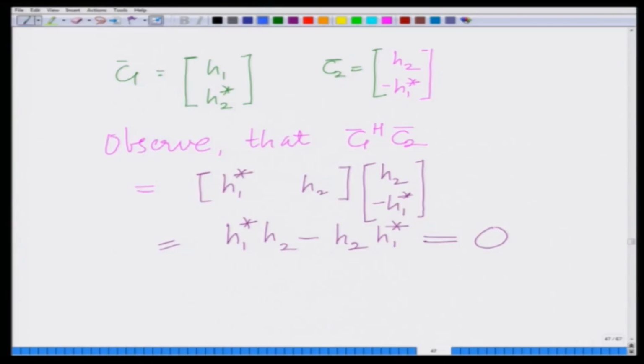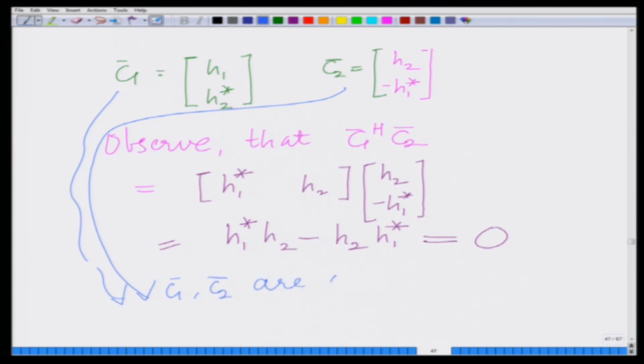From a geometrical perspective, C1 bar and C2 bar are orthogonal, and this is an interesting property of the Alamouti code.